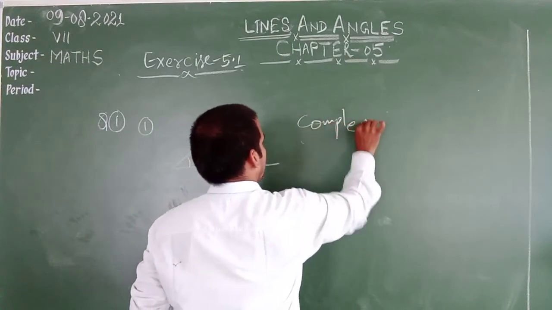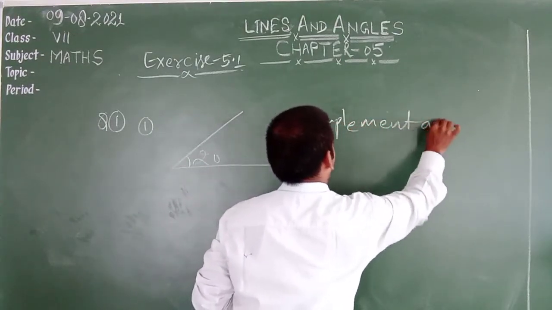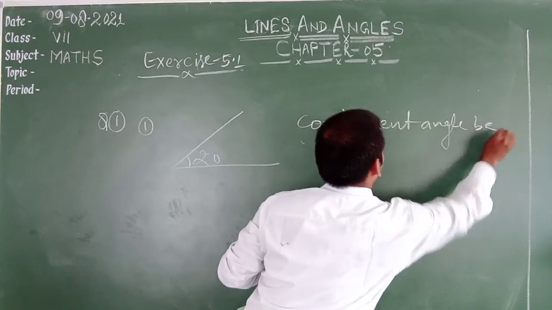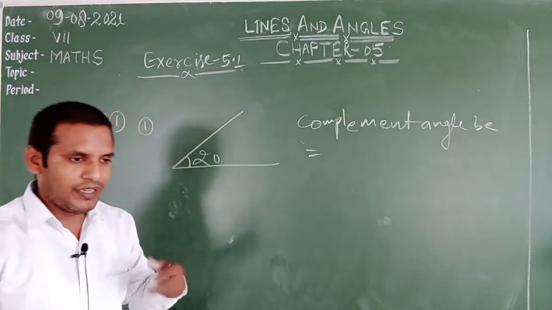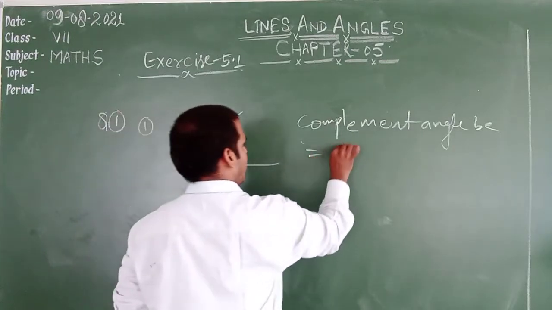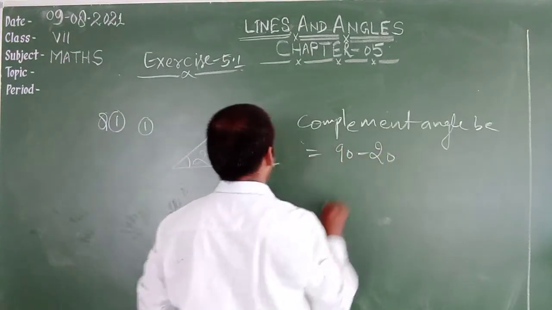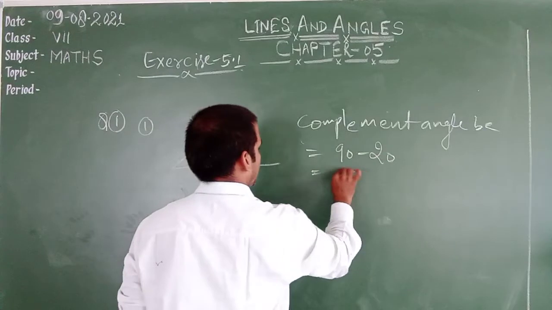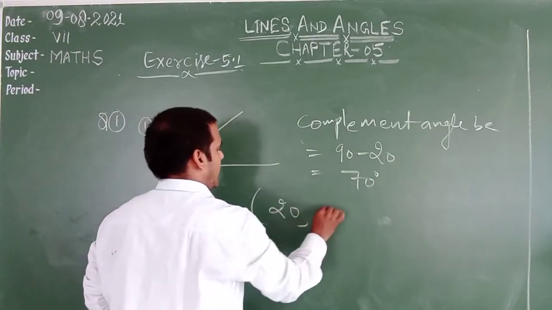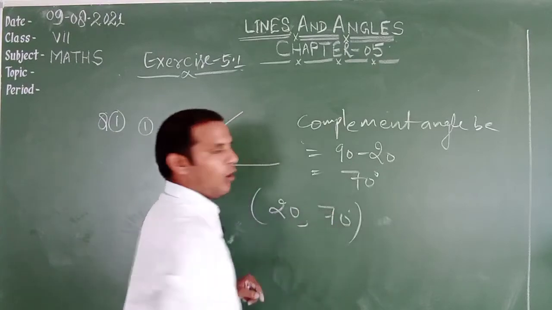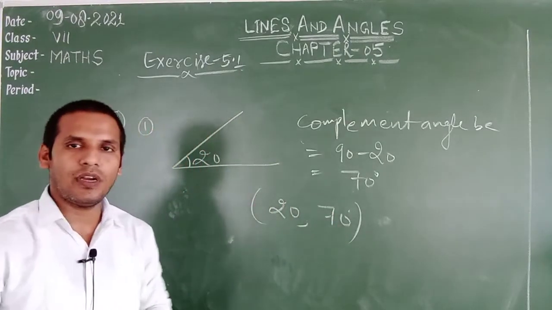For finding the second angle, we always subtract from 90. It will be 70 degrees. So the complement angle of 20 degrees is 70 degrees, or the complement of 70 degrees is 20 degrees.